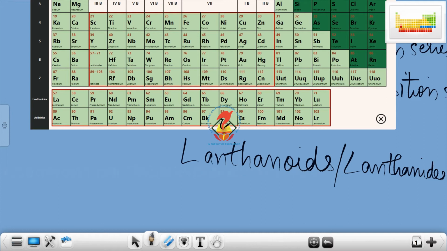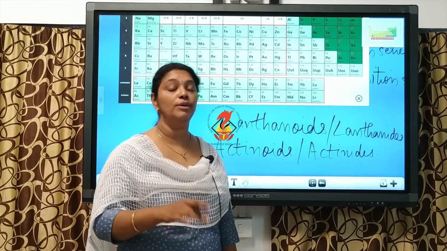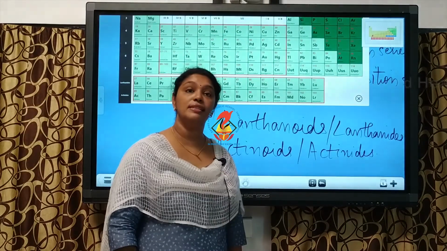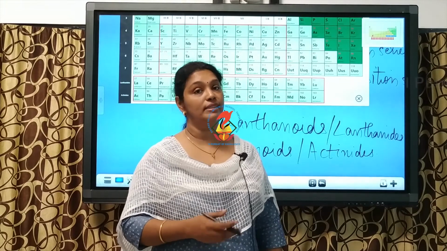And the elements of second inner transition series can be called actinoids or actinides. The first inner transition series are the elements that follow lanthanum, and the second inner transition series are the elements that follow actinium. So they are called actinoids or actinides. So this is about the period, 7 periods in the periodic table.